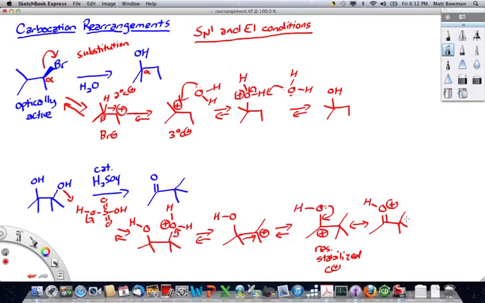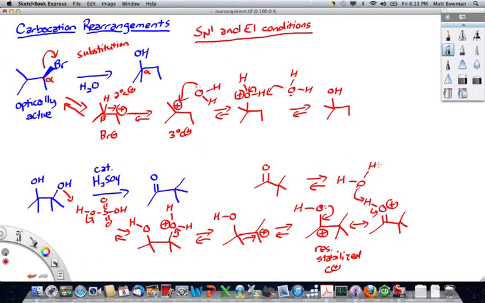And notice how this looks remarkably like the product. And to get the product, we simply use the water that we created here to deprotonate this, or we could use the conjugate base of sulfuric acid to deprotonate that. And we get our product.